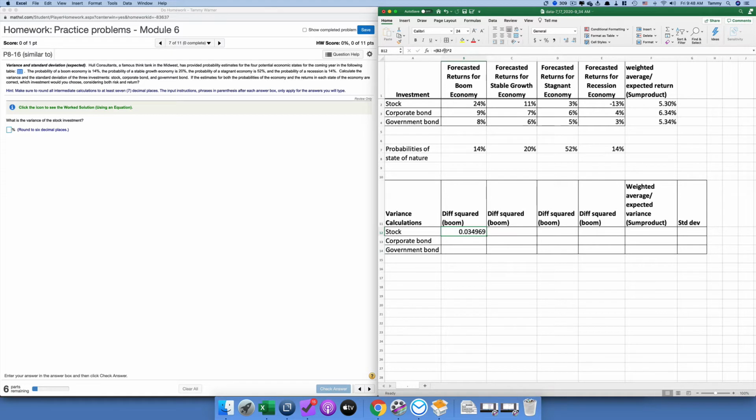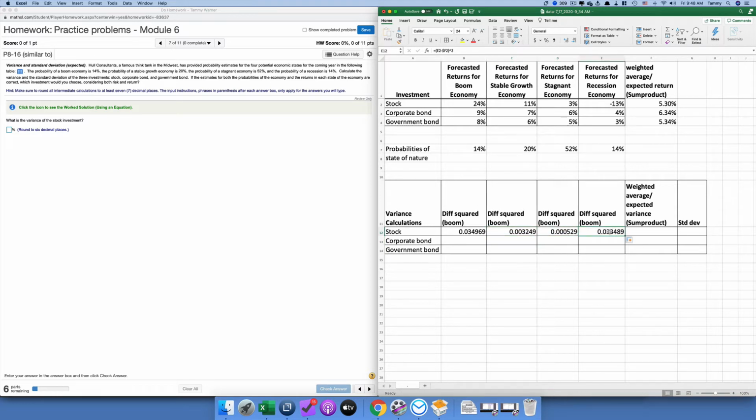So the way that we're going to do that is by keeping the column absolute for the moment. Right, so let's see how that works. Now I am referring to the stable growth economy, and my cell reference is remaining where it should be, so I can go ahead and pull these out across the rest of the way.